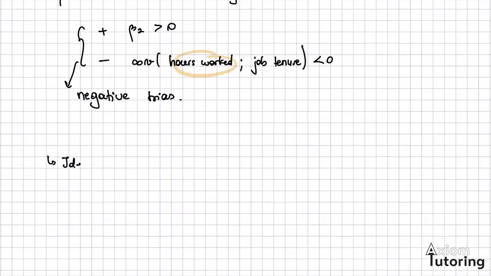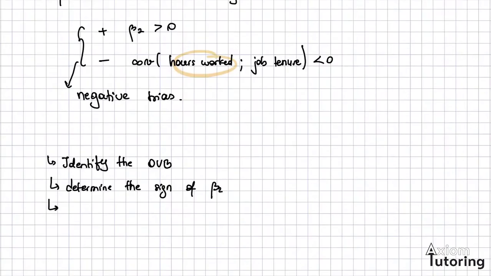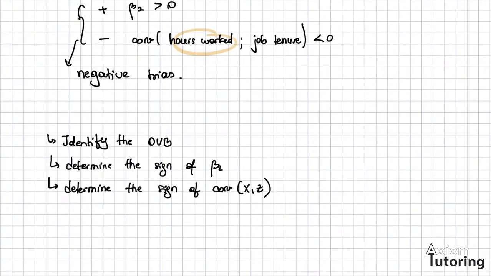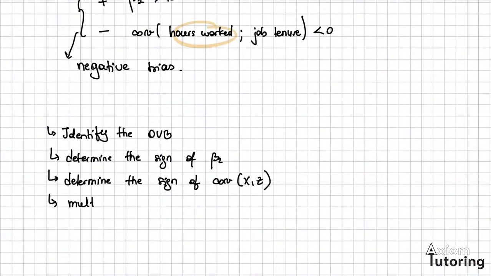So identify the omitted variable bias, determine the sign of beta 2, determine the sign of the covariance between x and z, and then ultimately multiply the two signs in order to get the final answer.